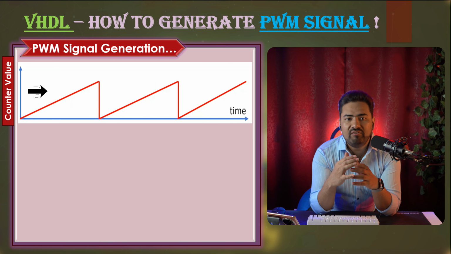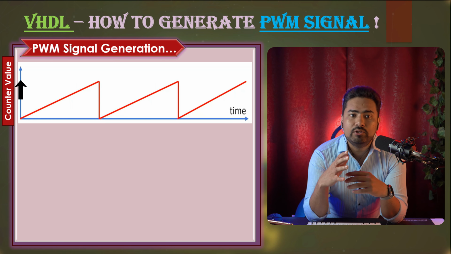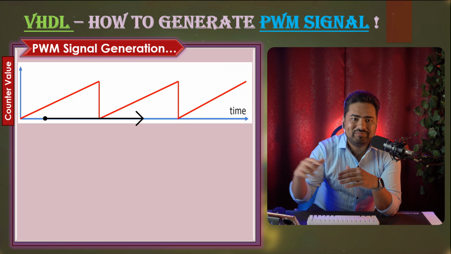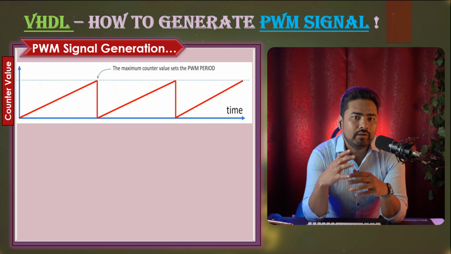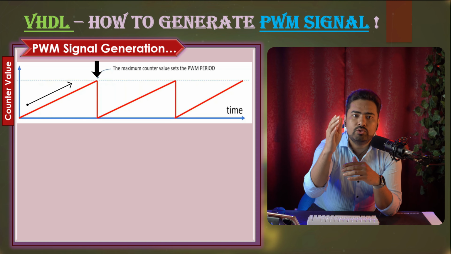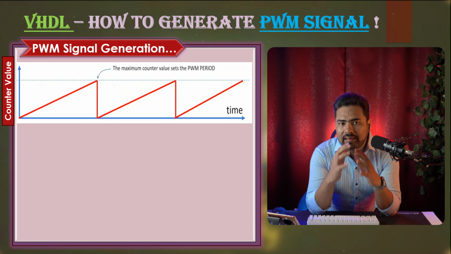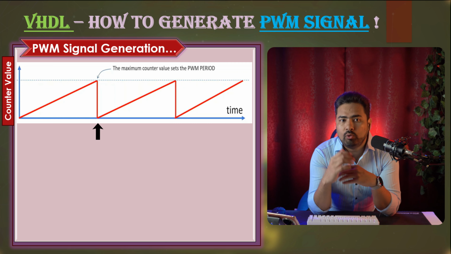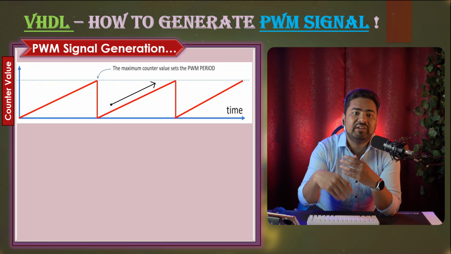So look at this graph here. Here x-axis is your counter value with respect to time, which is your y-axis. And you can see that your counter value keeps increasing with time until it reaches this maximum value. And then at this maximum point, it comes back to 0. And on the very next cycle, it starts increasing again.